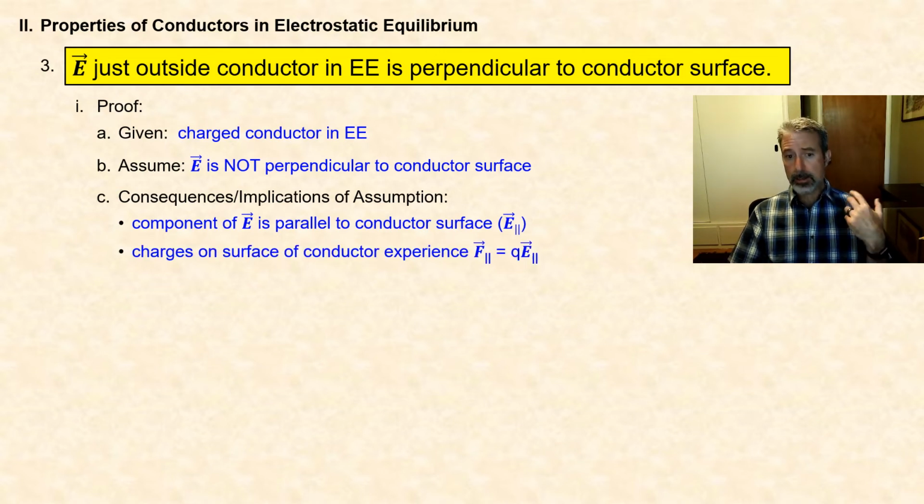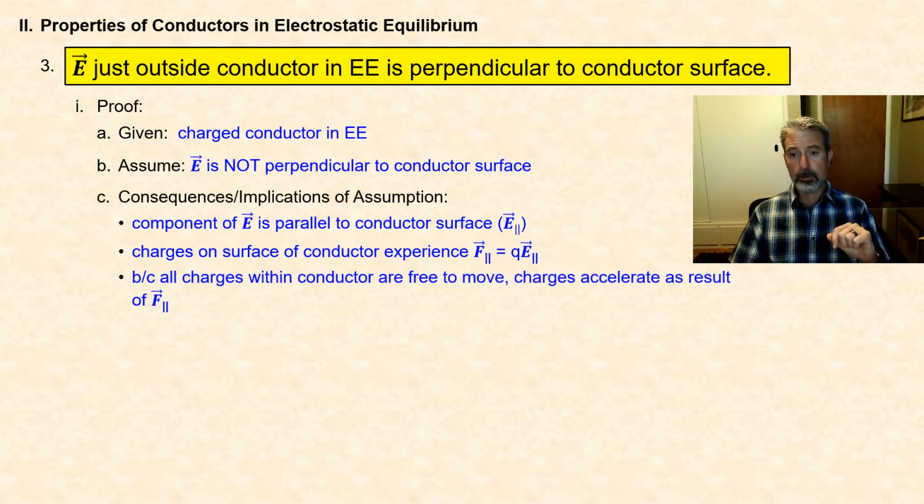And the charges on the surface of the conductor will experience a parallel force due to that parallel component of the electric field. That force will be equal to the charge on any free charge carrier that we choose to look at times that parallel component of the electric field.